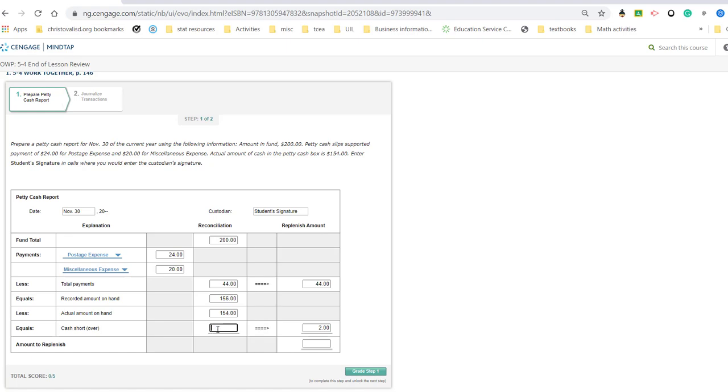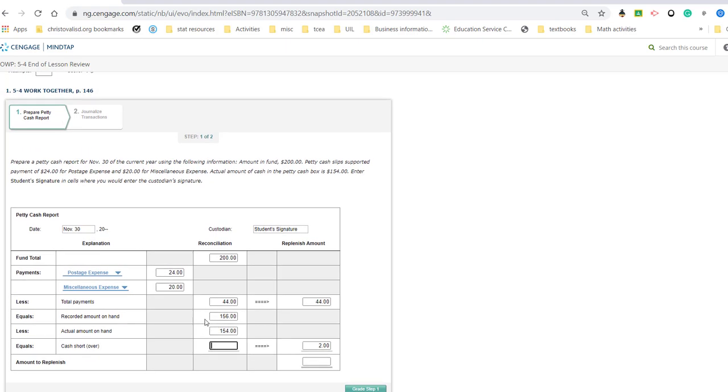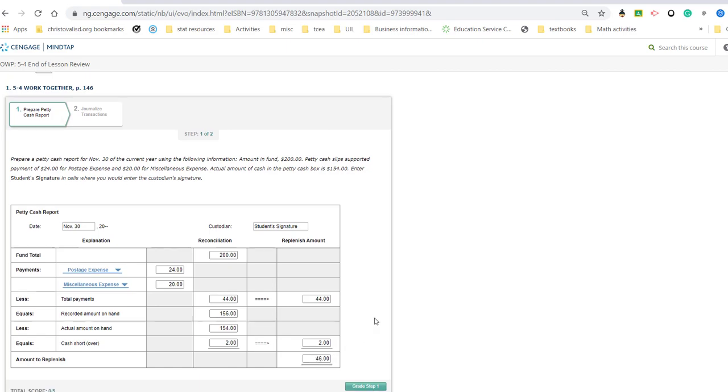I'm trying to remember. It may not let me since this is not one that's short. So we'll add these two. And it is $46 that I need to add back to my account.